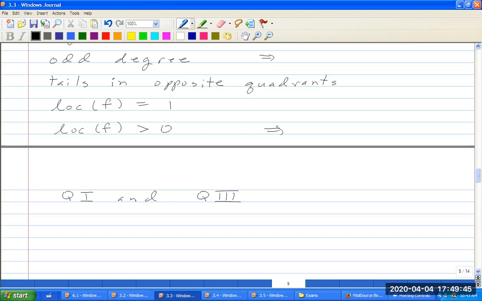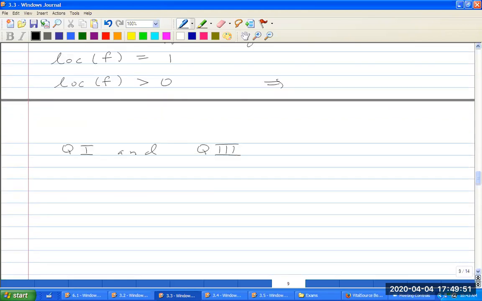Okay, so now let's simplify this. I have f of x, and I'll call it y, equals x cubed minus 16x. Factor out x. What remains is x squared minus 16. This is a difference of squares in the parentheses.